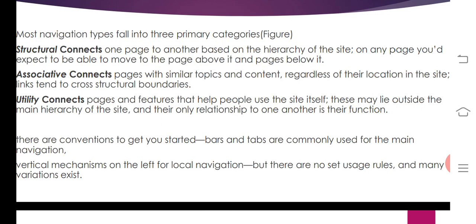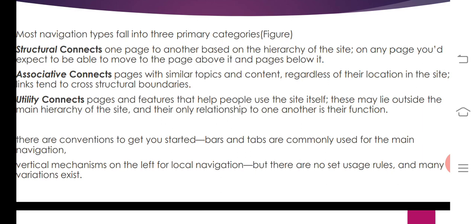These may lie outside the main hierarchy of the site, and their relation to one another is their function. So it is a utility. Utility means helping people to use the site itself. That is the major highlight.